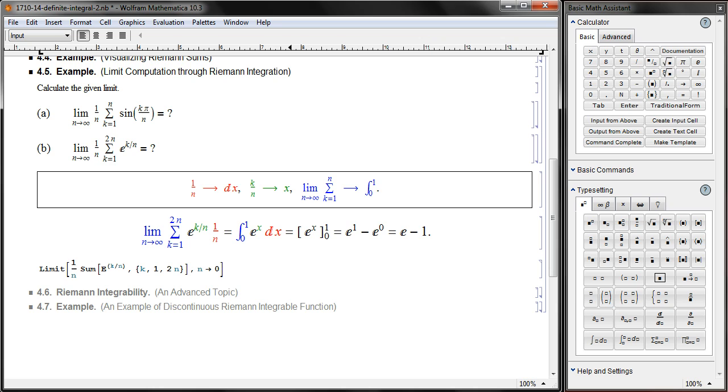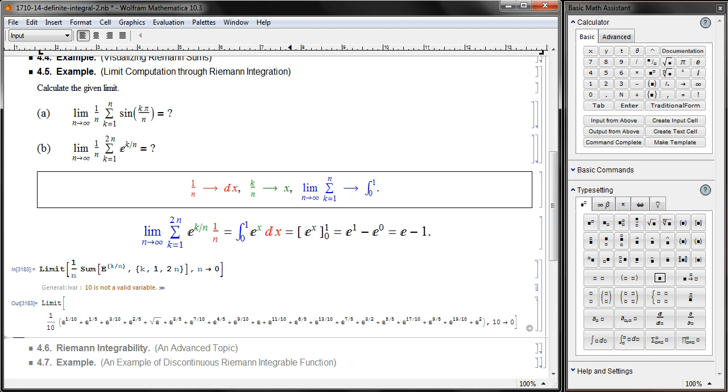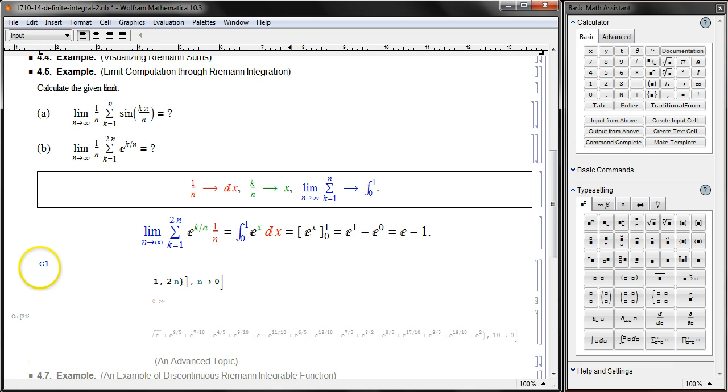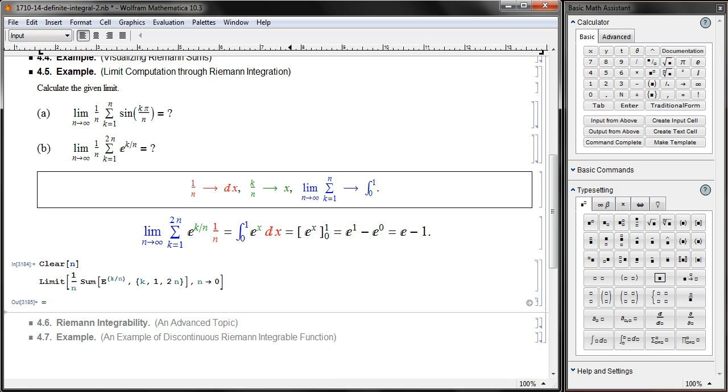If I ask Mathematica to calculate this, let me see. 10. I guess I have to clear variable n because I defined n as 10. Okay, that looks good. And then I asked Mathematica to calculate this one, and then I didn't get what I want. Oh, that's because n was going to infinity. Sorry about that.